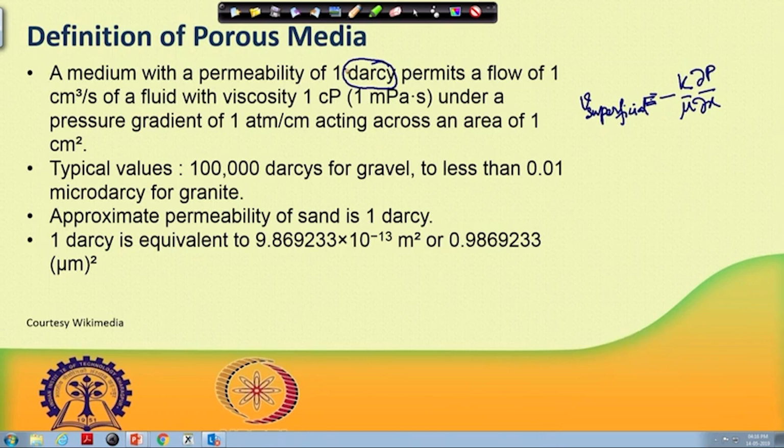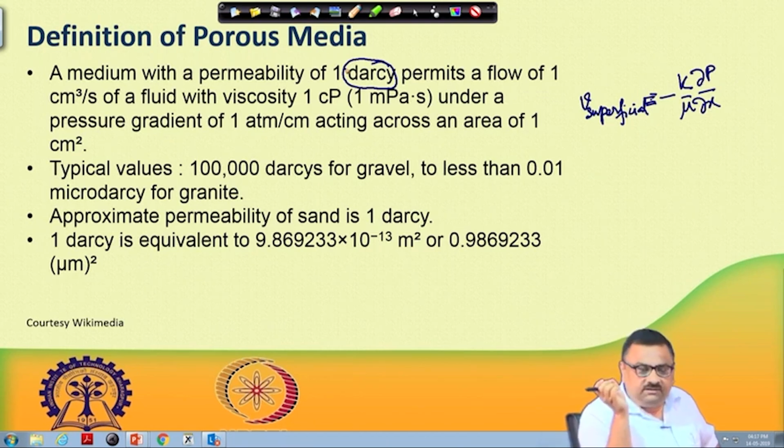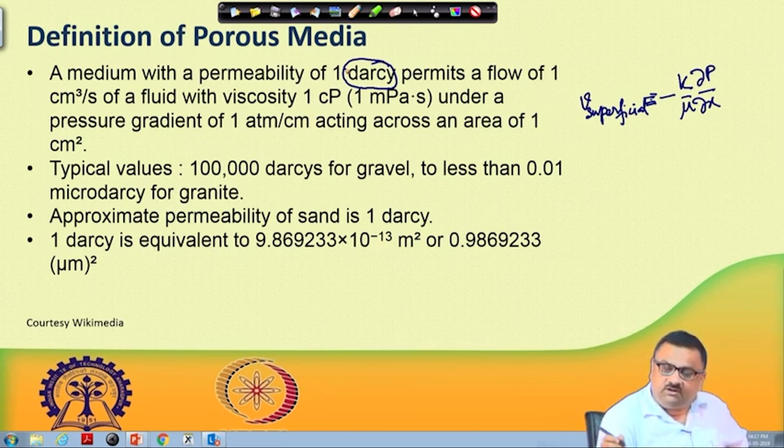So, 1 centipoise would be 10 to the power minus 2 gram per centimeter second, which comes to 1 millipascal second, a viscosity similar to water, when it flows through a porous medium under a pressure gradient of 1 atmosphere per centimeter.